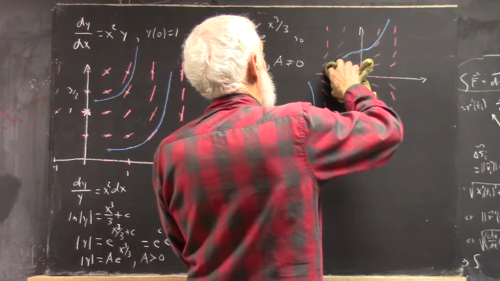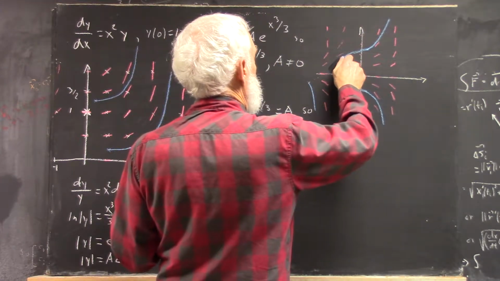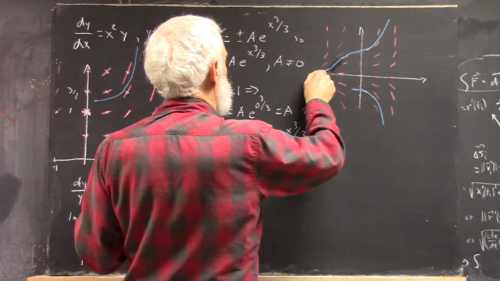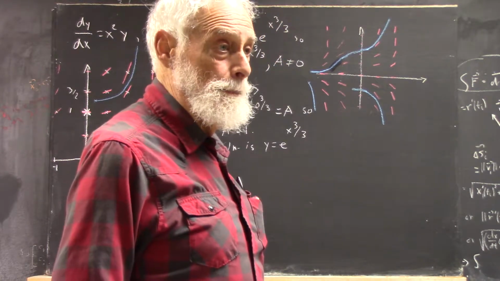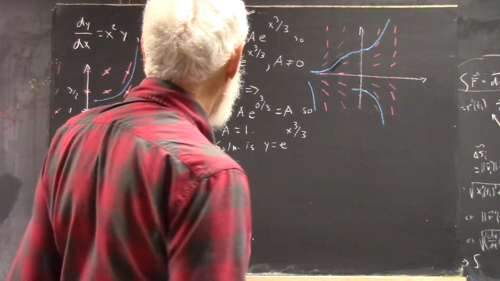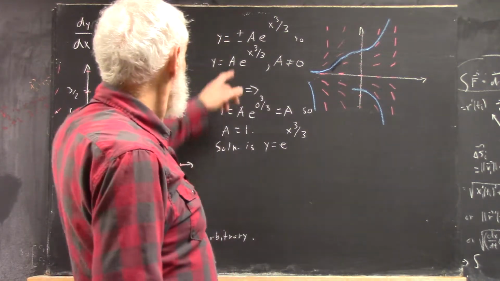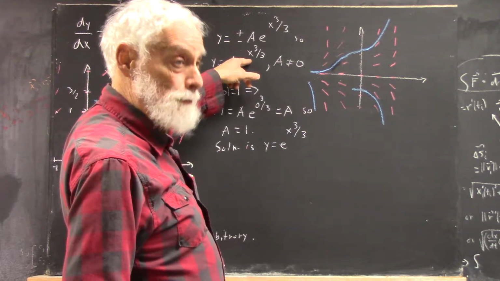Because what's going to happen now? Okay, it's going to get steeper here and steeper here, but as we approach the x-axis, the slope levels off, and we end up with something like this. Now, does that make sense for the graph of e to the x cubed over 3? Well, x is going to be negative, so x cubed is going to be negative, right?